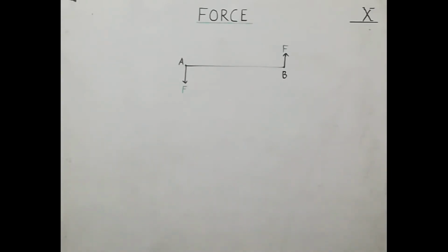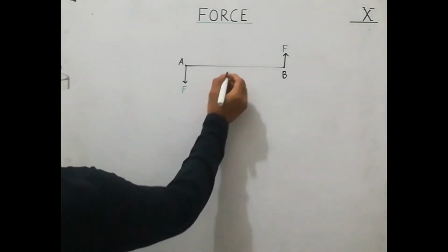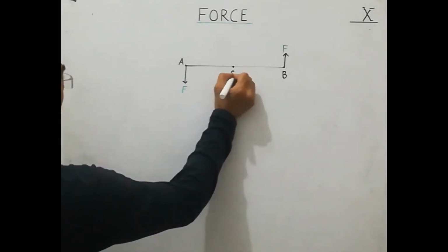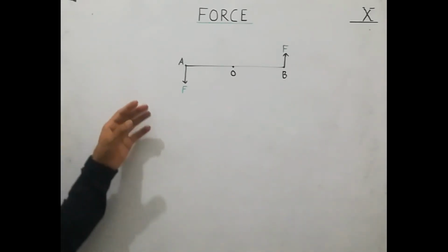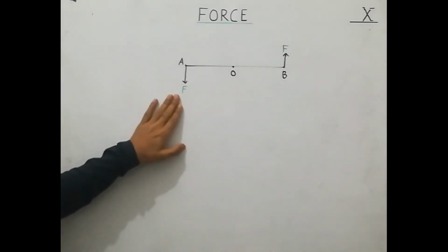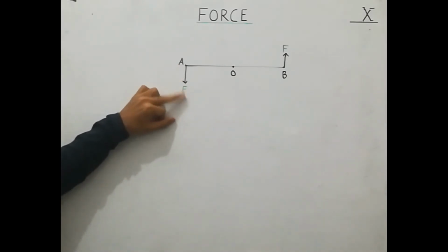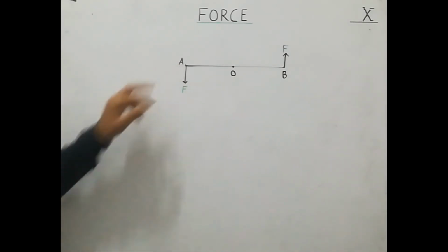Okay, now let this point be O, about which the body will rotate. Now here you can see that two forces are acting on the body, and they do not have the same line of action. So let us find the torque, that is the moment of force, produced by F at A.